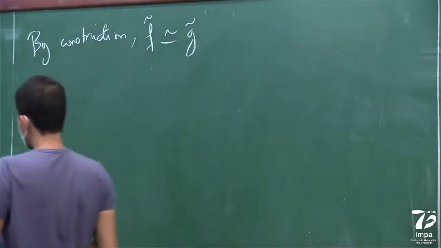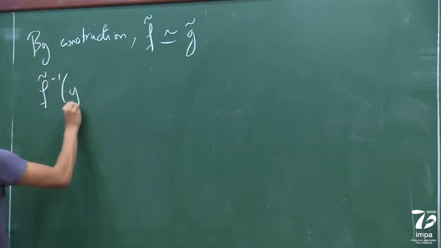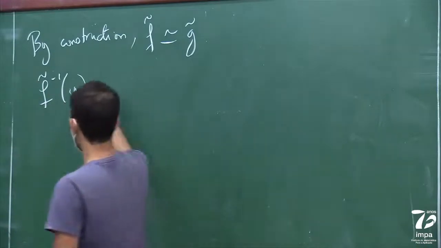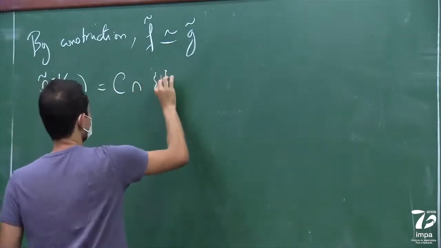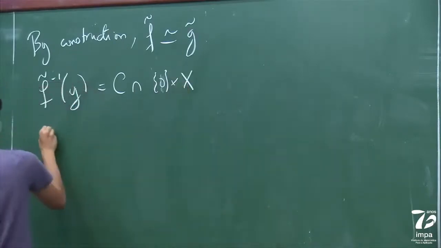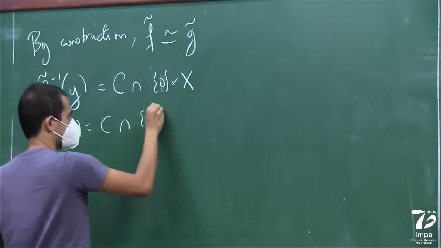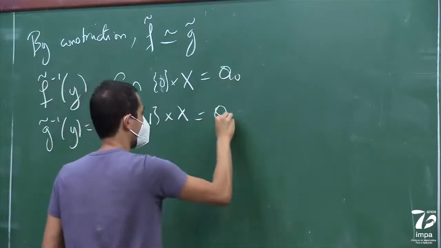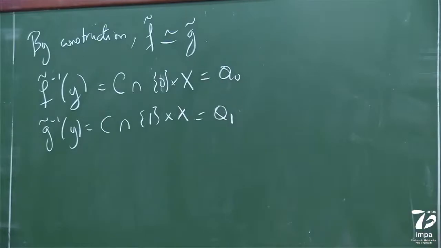So they're homotopic. And then the other thing is that the preimage of y by F tilde is exactly the intersection of C with 0 times X, and the same thing for G tilde. So this is Q0, and this is Q1. Okay?